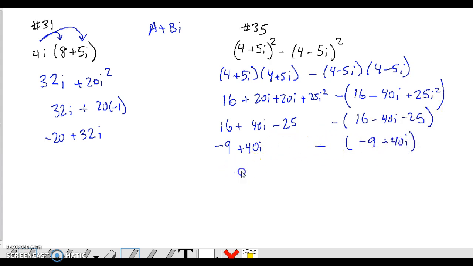So distributing that, so negative 9 plus 40i, and then negative and negative turn positive, so positive 9, positive 40i. Those guys cancel each other out. And that is where we get the 80i from.